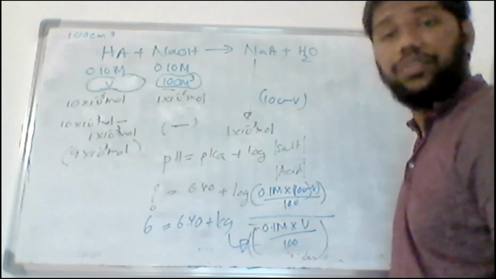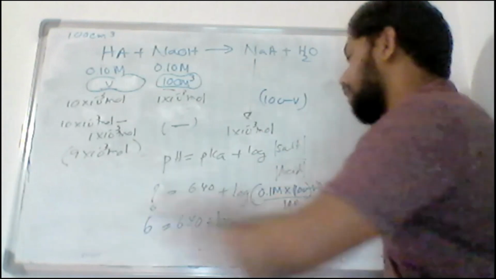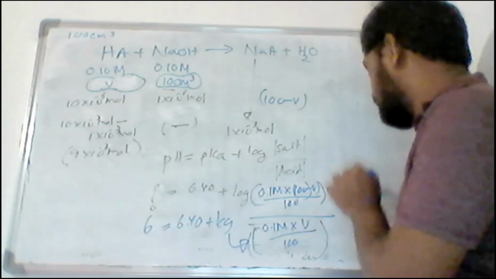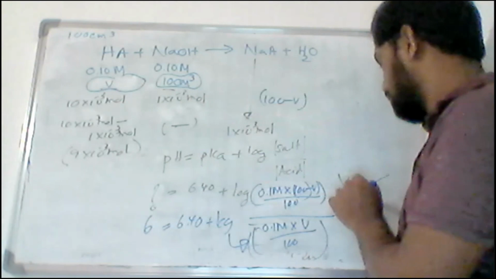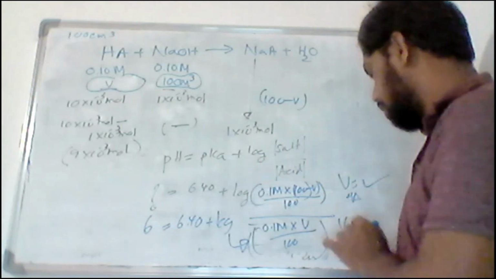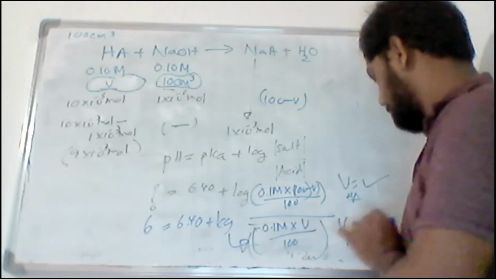So according to this, when you do this calculation, you will have a value for volume of the acid, V_HA, as well as volume of the base, NaA.